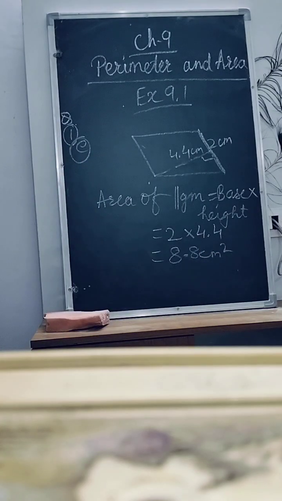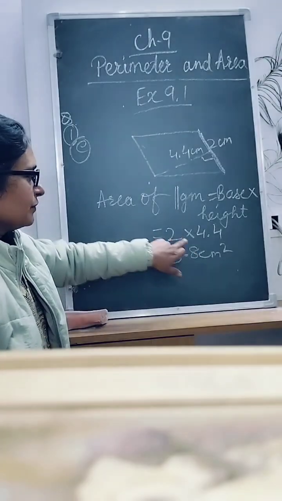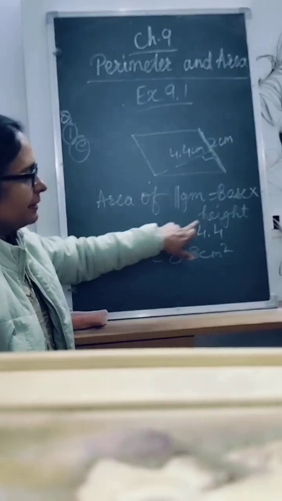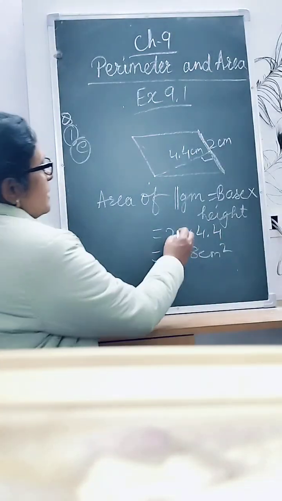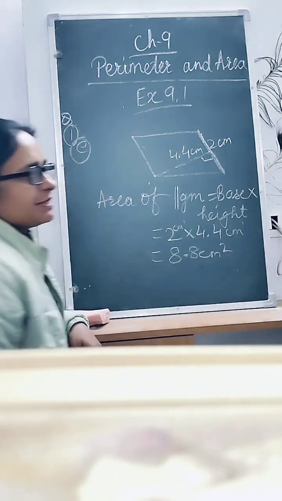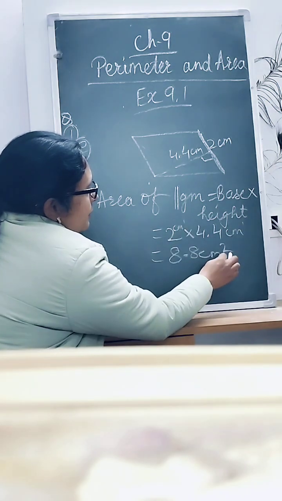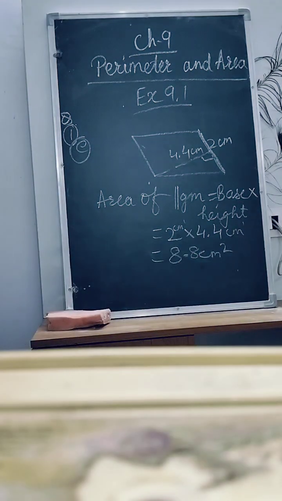So 8.8 centimeter square is your answer. The concept is same. Power of centimeter is 1, bases are same, powers are added, 1 plus 1, 2. So it becomes centimeter square.